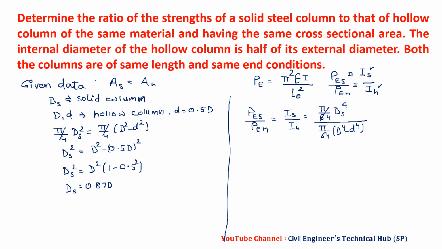Now this gets cancelled, and ds we have 0.87 D. So we have PES upon PEH equal to 0.87 D to the power 4 divided by D to the power 4 minus 0.5 D to the power 4.